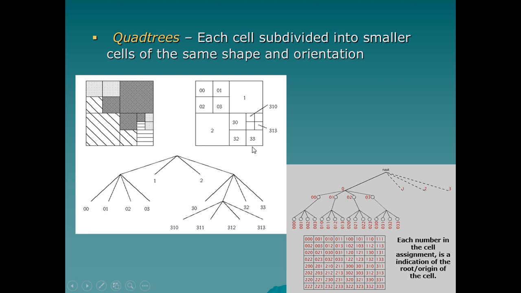Right, so we assign our values here, and we assign them in quadrants to try to make sense of it, because the concept behind this representation is that each subsequent number in your assigned value to each cell is supposed to give you information about the root of the data.